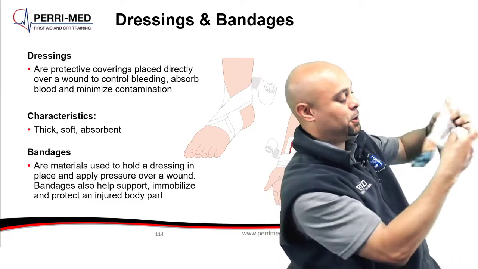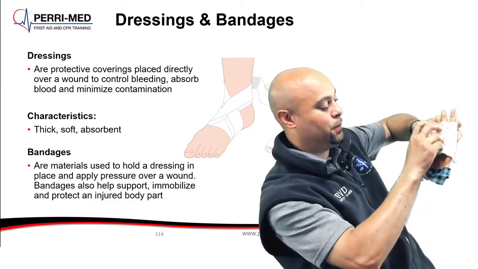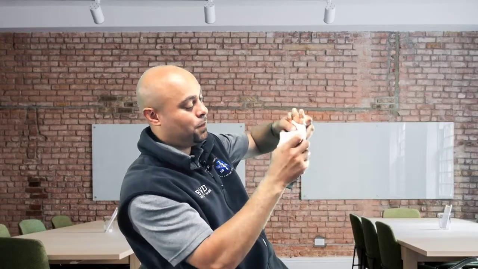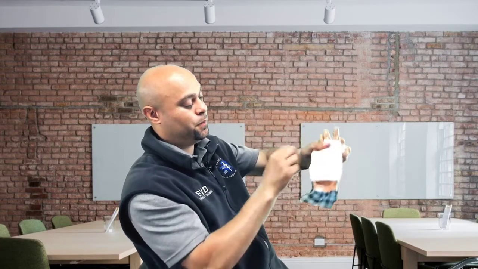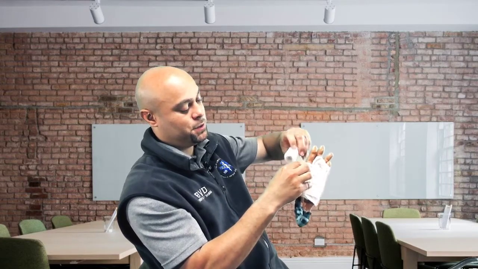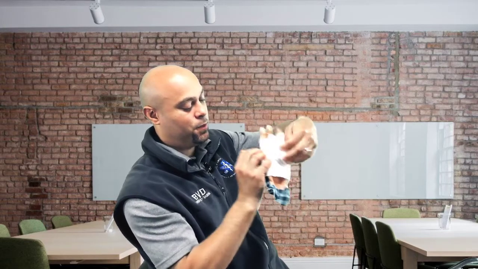Okay, so I'm bandaging up the hand, just like this. Rolling all the way around. They might want to use their thumb, so you might want to give them access for their thumb to move. So that's how we're going to do it. Just rolling all the way around. And that's a hand bandage.